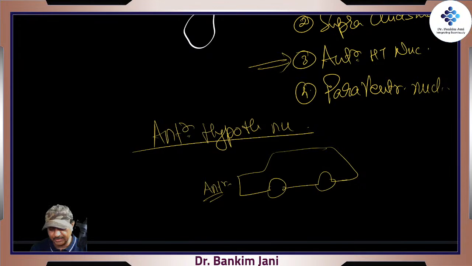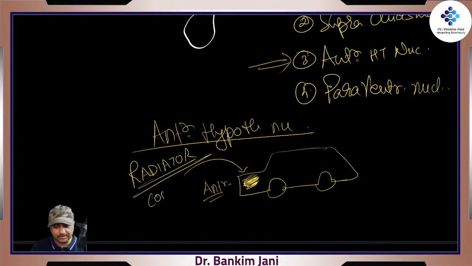Temperature of the car is high because over here the engine is there. In order to cool this car, there is something called the radiator. What's the function of radiator? Radiator cools it, right? So radiator is in front.